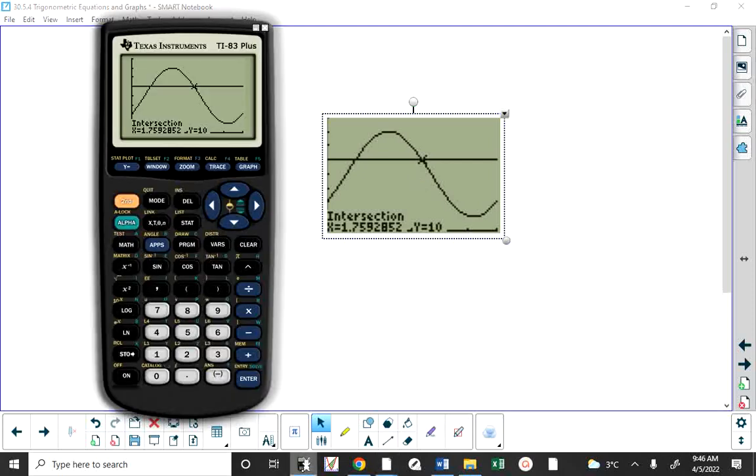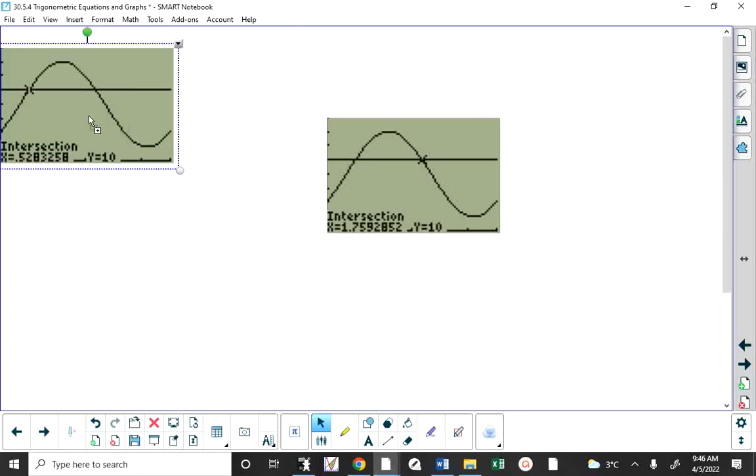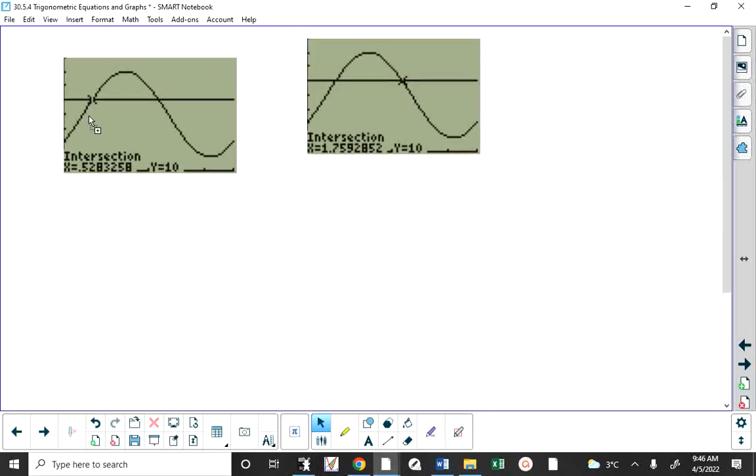The other solution, I'm going to repeat the process. This time I'm going to go closer to the other one. Enter, enter, enter. And I get the other solution. So those two numbers are solutions to this equation.